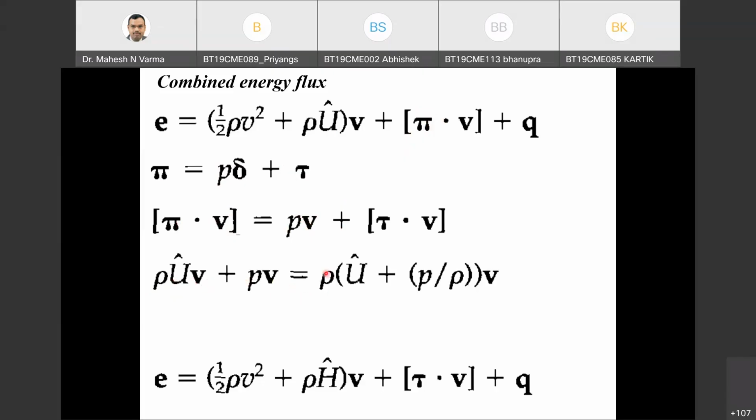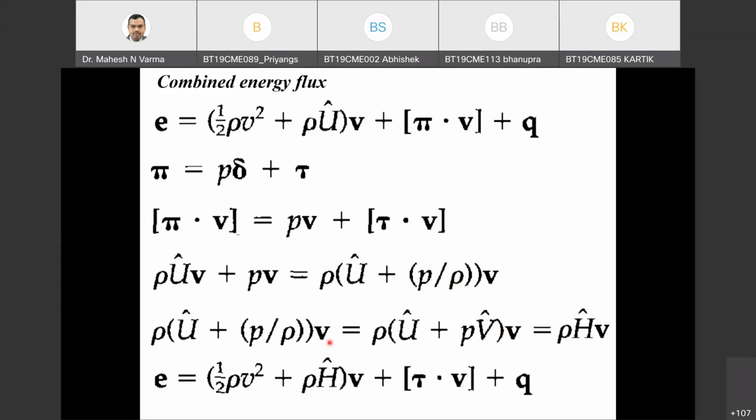That can be written with rho constant, as p divided by rho. P divided by rho is the volume per unit mass, or specific volume. You can write 1 upon rho equals v bar, volume per unit mass. So u plus pv is h. H equals u plus pv.